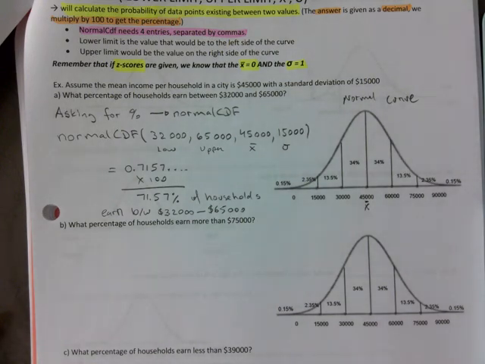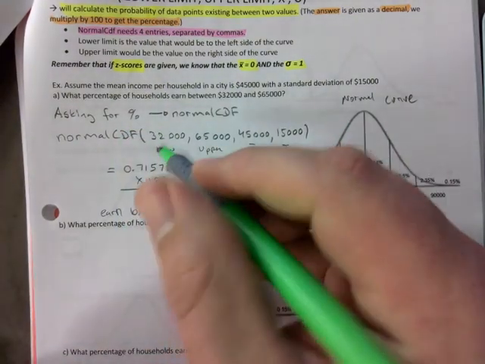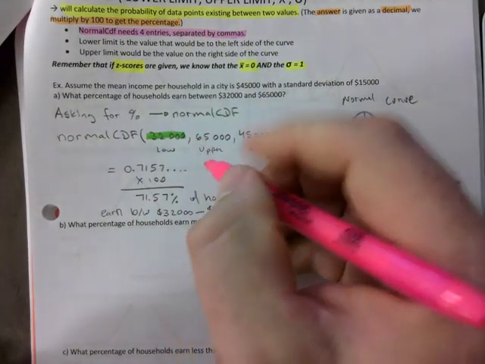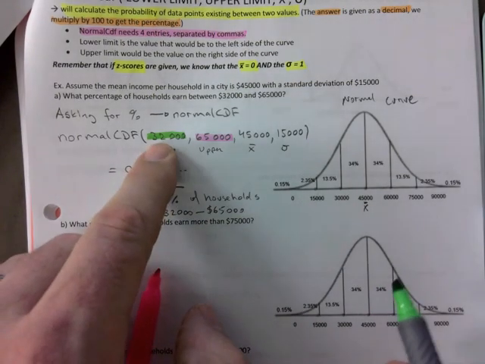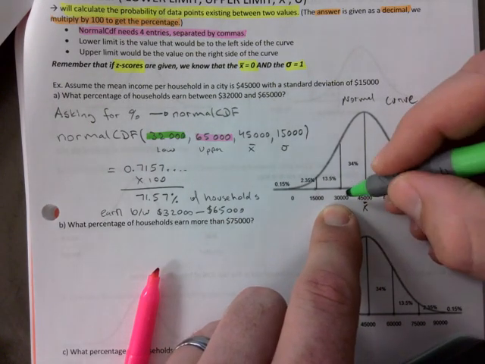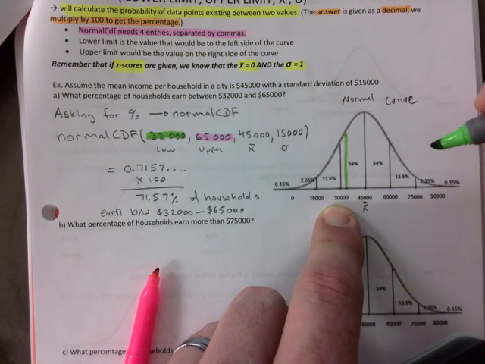right here, okay? So when you want to, I'm going to go pink and green maybe, but right, your lower limit has been given and your upper has also been given. So those are the easiest scenarios when you know the upper and the lower. Okay. So where is 32,000 approximately? I would say 32,000 would be right about there. Okay.